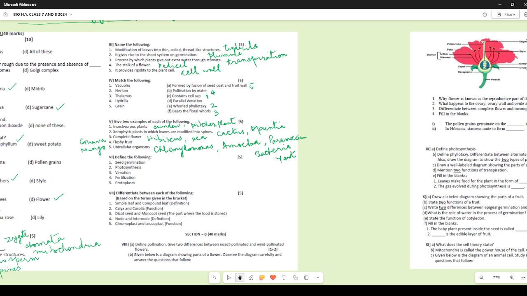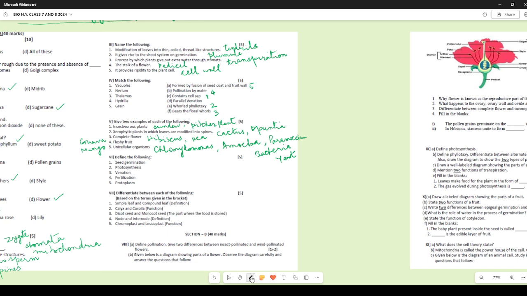Seed germination is the process by which the embryo of a seed becomes active and grows into a new plant. How will you define seed germination? Here, the embryo of the seed. Where is this embryo present? In the seed, right? So, embryo becomes active.